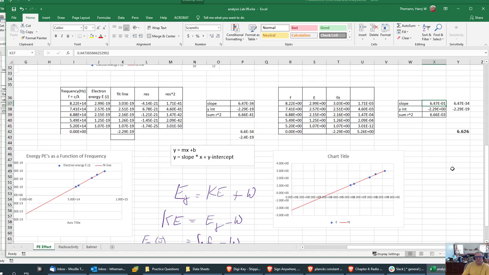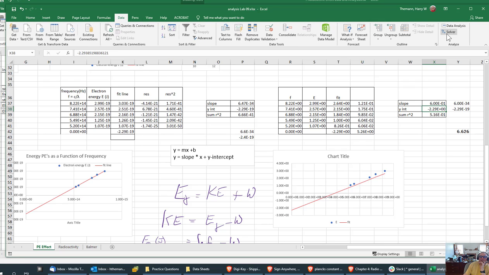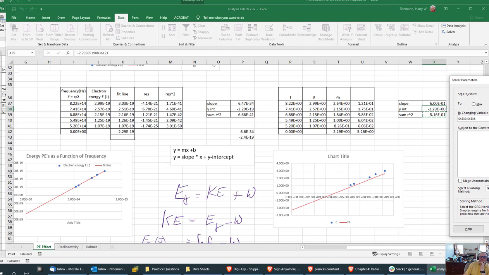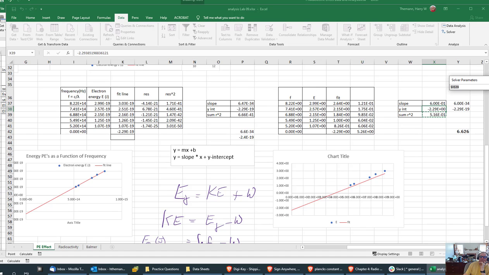And let's just notice this. If I do this, I make that a 6. And so now we go to solver. Come on, where are you? Data menu. Solver. And let's just double check. Yep.